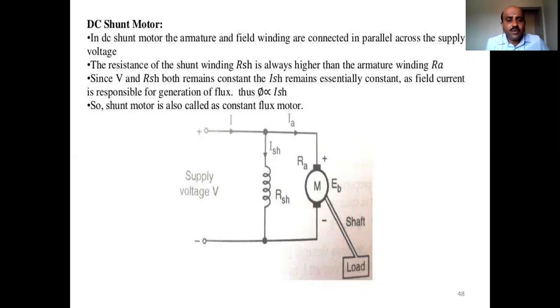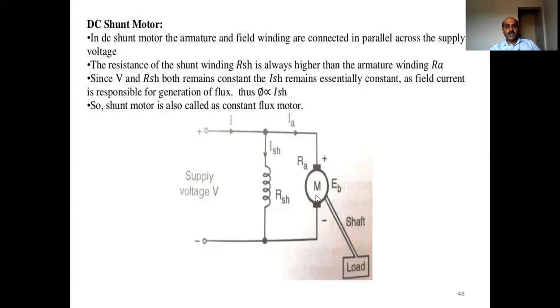The resistance of the shunt winding, RSH, is always higher than that of the armature winding.